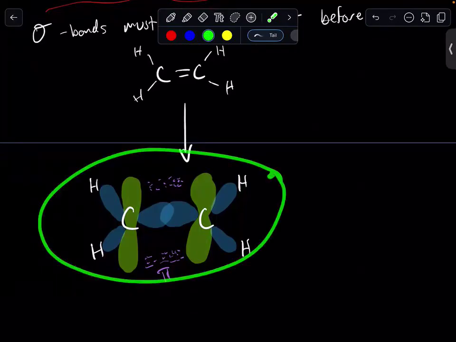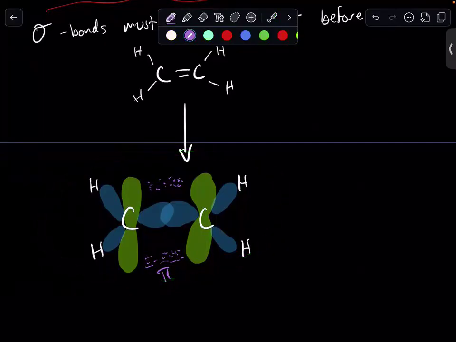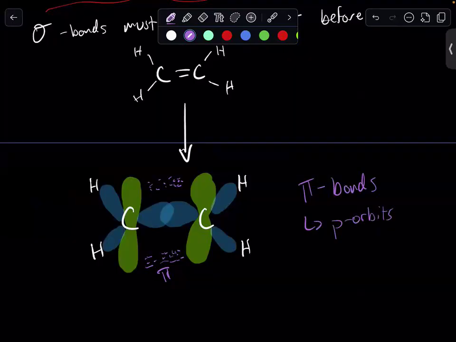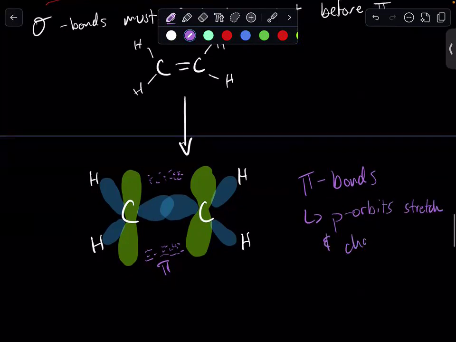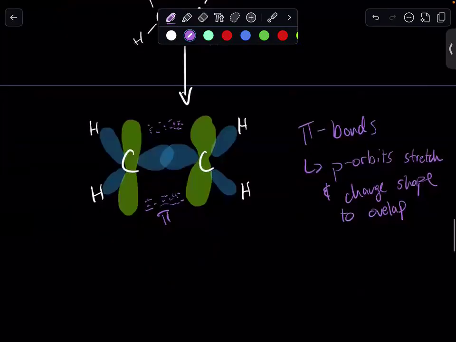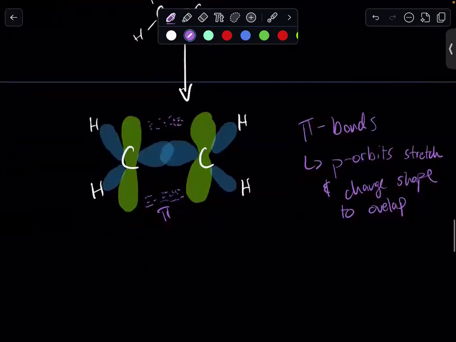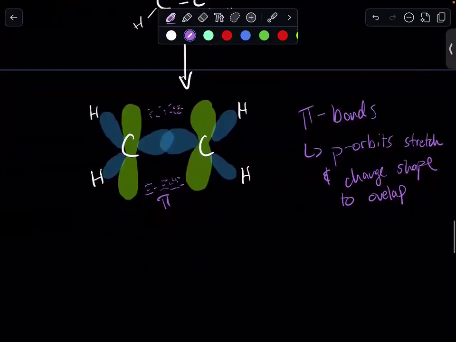However, this is still not the complete picture. When we form pi bonds, what actually happens is the p orbitals stretch and change shape to overlap. Because again, an orbital is more just a region of space electrons are likely to appear.